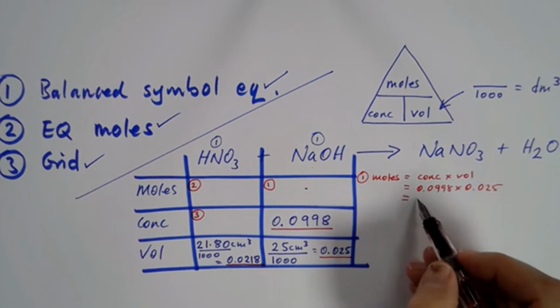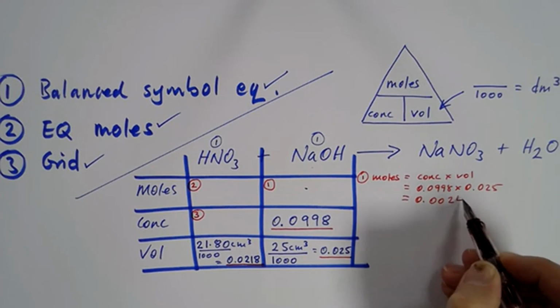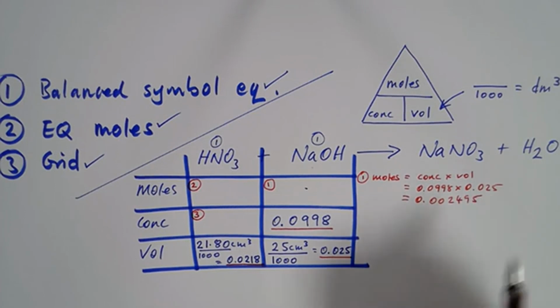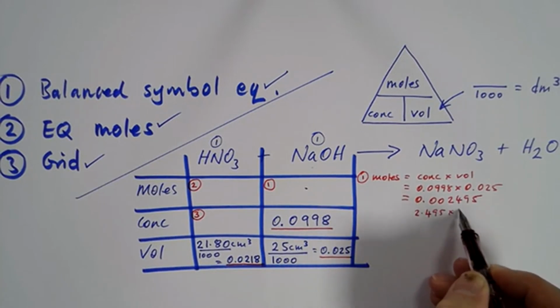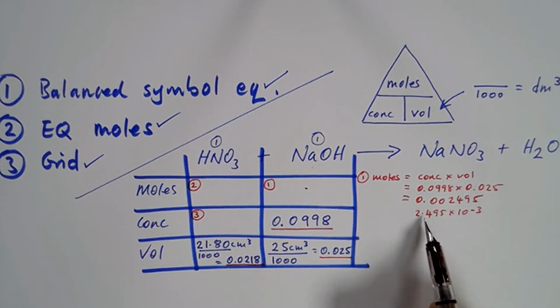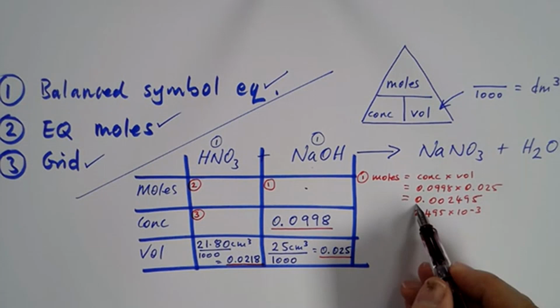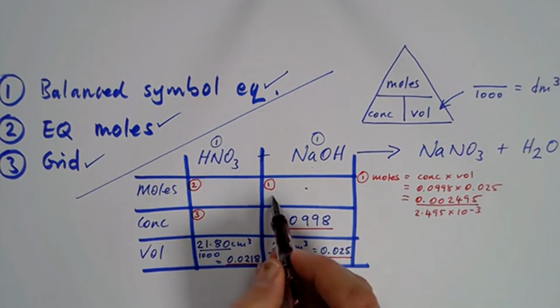If we put that into our calculator, we get an answer of 0.002495. Now you may get that in standard form, so you may get an answer of 2.495 times 10 to the minus 3. But if you move the decimal point back 3 places, you can write it out in long like this. So I'm going to put that in here.